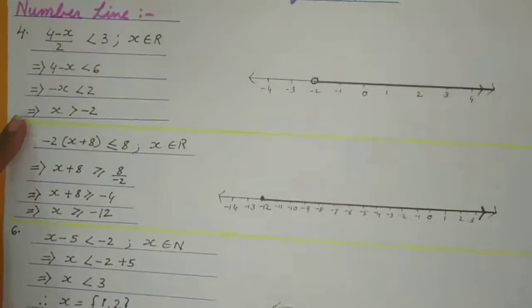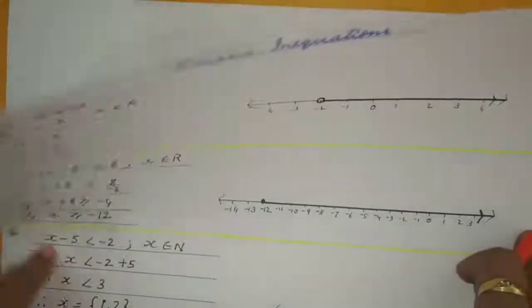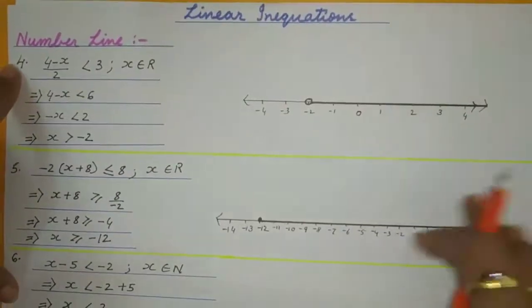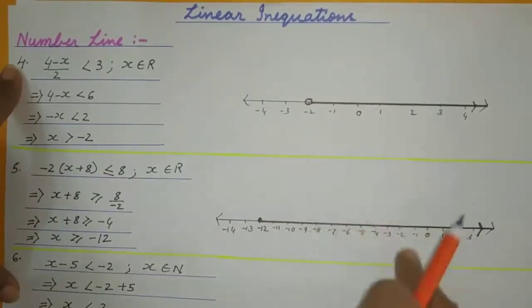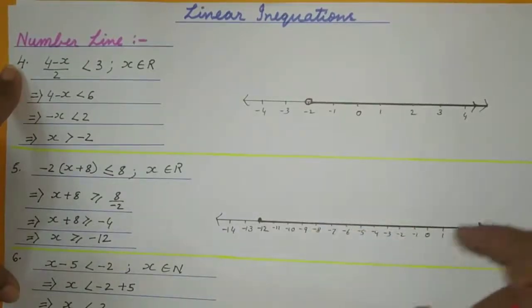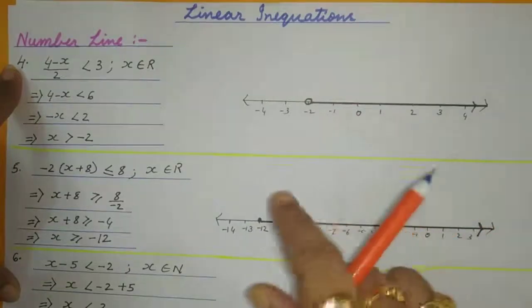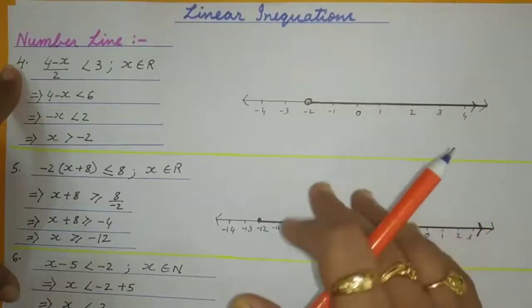So actually we have done all the types of questions that I could arrange for you to explain the method of solving linear inequations and the method to represent them on the number line. In the first slide I talked about the replacement set and the solution set. I talked about the different methods to solve the inequations.